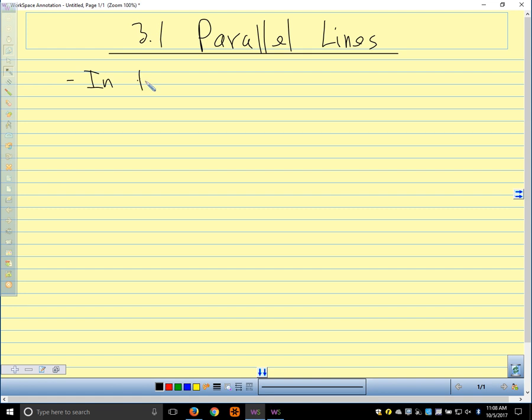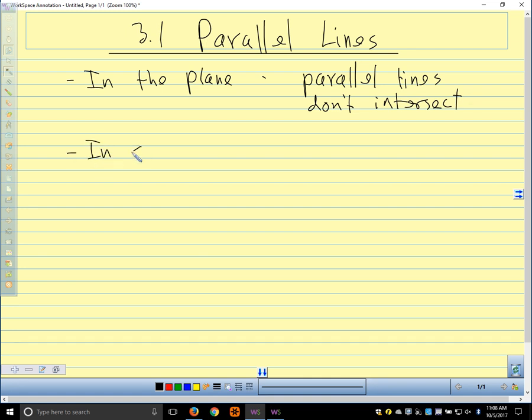In the plane, so if we're on a flat surface, parallel lines do not intersect. Like we said, that's the main idea with parallel lines. In space, in 3 dimensions, parallel lines also don't intersect.